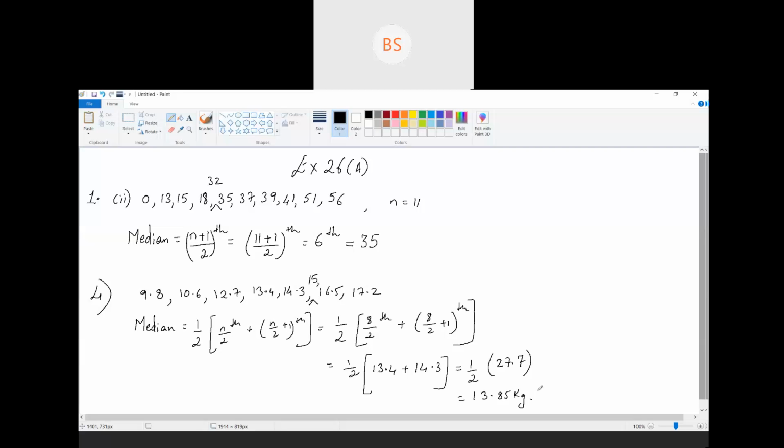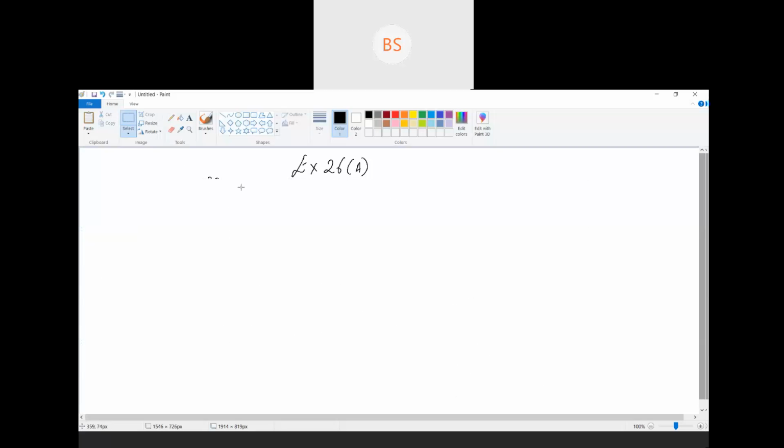Okay. Next, question number 5, first part. Now here what is given? The observations are given which have already been arranged in ascending order.